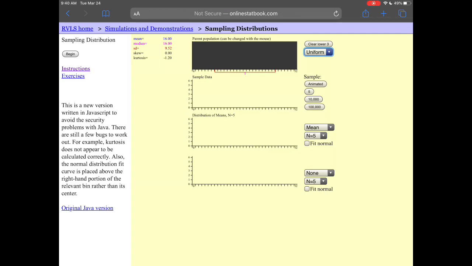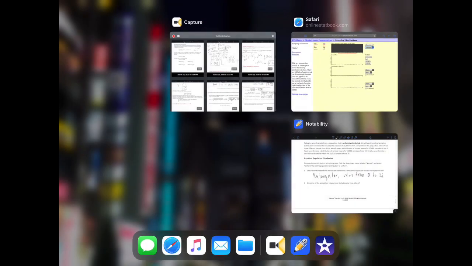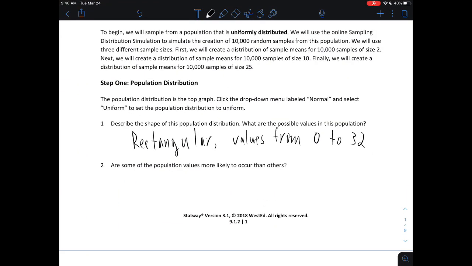If they all have the same probability, then none are more likely than others. So we would say no. All have the same chance of occurring.